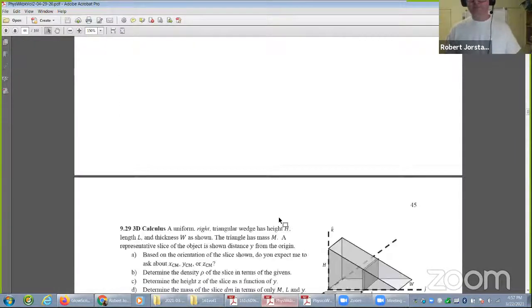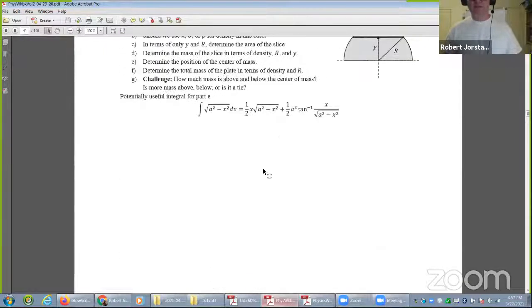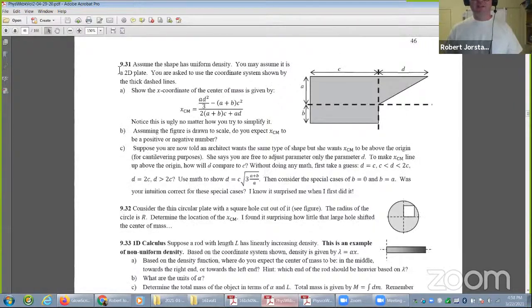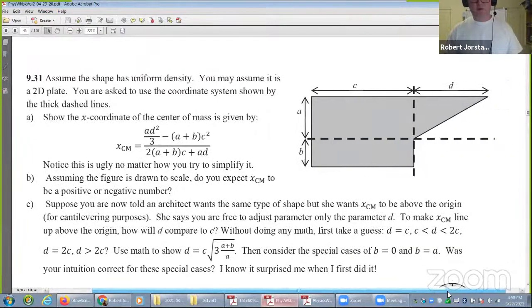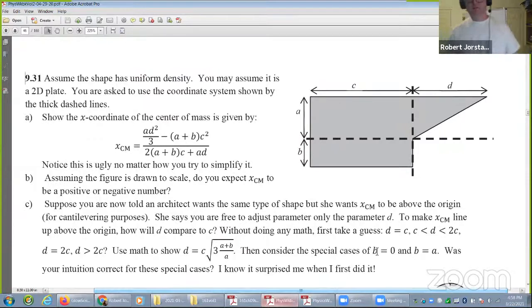Okay. We're going to come back to the calculus. Let's look at 9.31. All right. In this one, how would you attack this one?